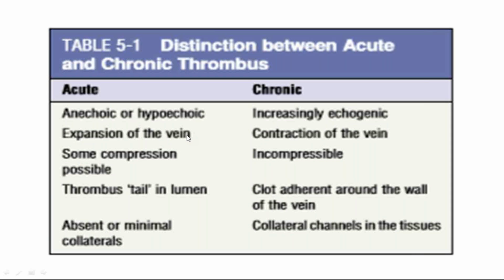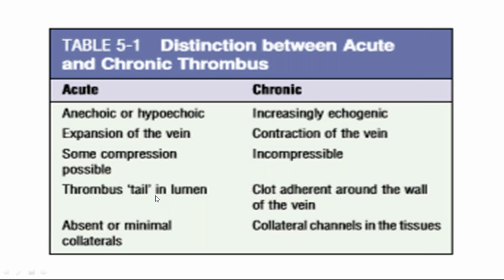In acute stages, expansion of the vein is seen, and in chronic stages the contraction of the vein is seen, and in acute stages some compression is possible. When we apply pressure with the transducer, the vein can be compressed a little bit in acute stages, whereas in chronic stages the vein becomes incompressible due to complete filling of the thrombus in the vessel.